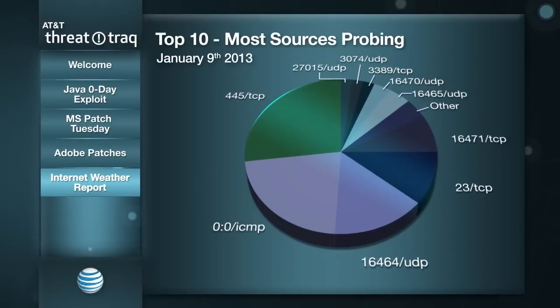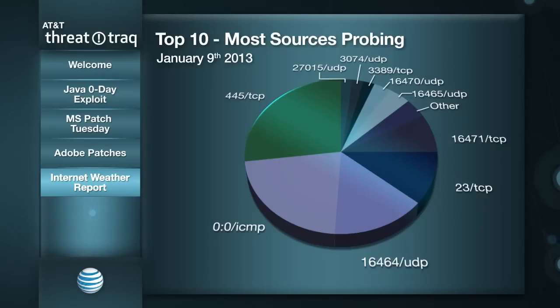The most sources probing. So this is instead of how many scans in general, as a total sum, which was the last slide. This is the most number of unique sources doing that activity. There's not much of a difference here, although you can see that the Zeroaccess shows a little bit more prevalently here.